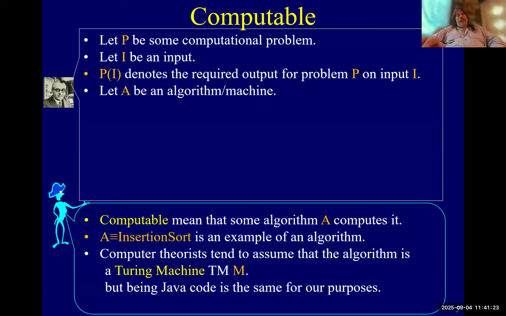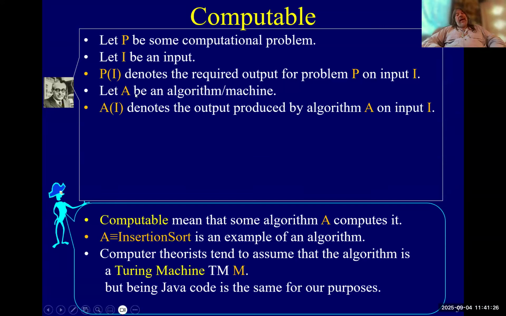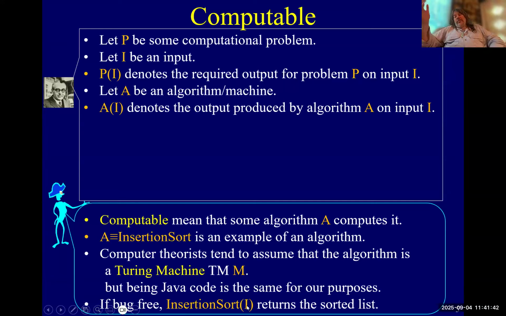If A is an algorithm and I is an input, then A of I is whatever the algorithm outputs on that input. If insertion sort is the algorithm, then it's whatever insertion sort returns.